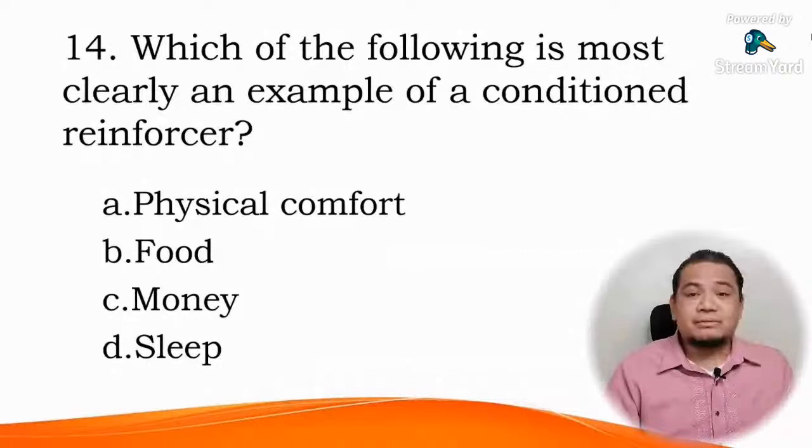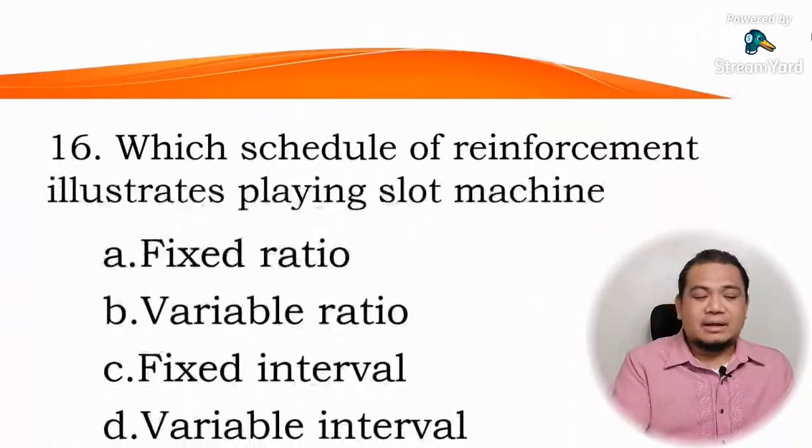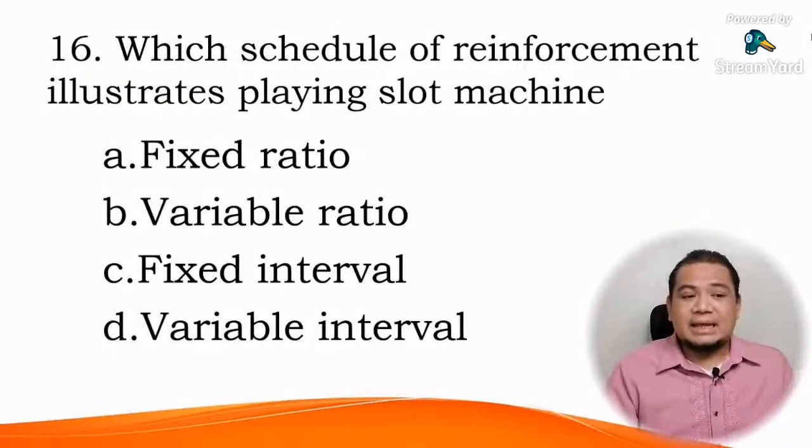Number 15. Which is considered by Skinner as the most inefficient schedule of reinforcement? Is it A, continuous, B, intermittent, C, ratio, or D, interval? Number 16. Which schedule of reinforcement illustrates playing slot machine?